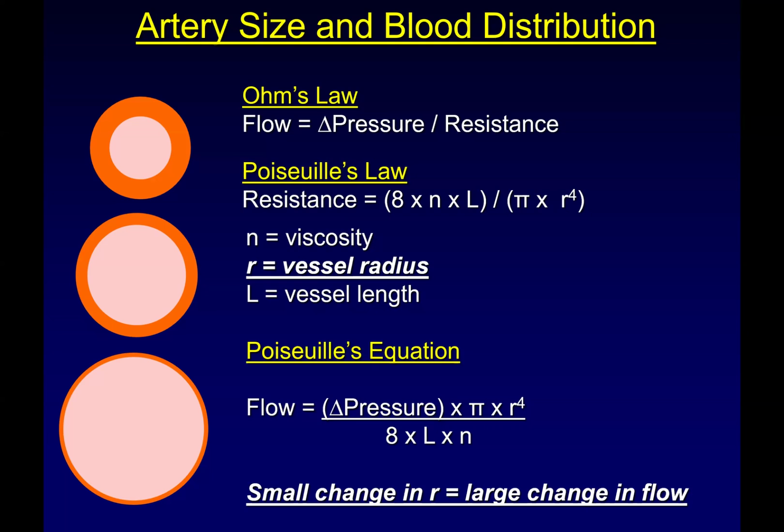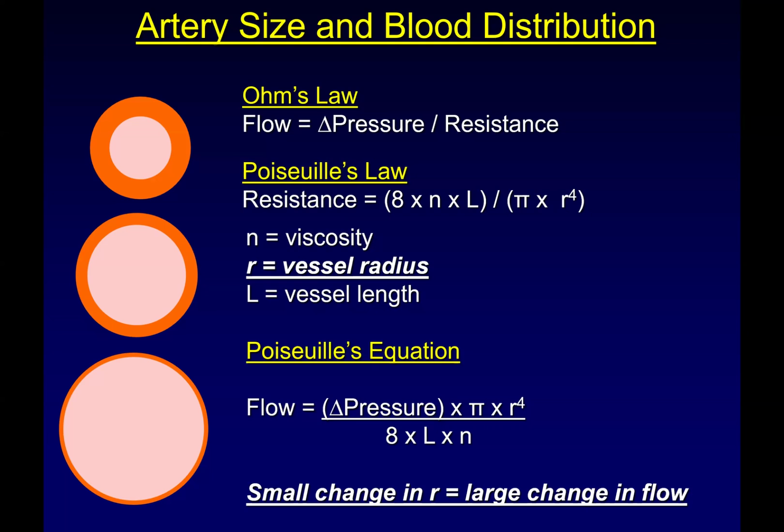If we then take what's called Poiseuille's law, it describes the things that go into resistance. Resistance is these constants, so it's a constant multiplied by the viscosity of your fluid, multiplied by the length of your vessel or tube, divided by pi multiplied by the radius of the vessel to the fourth power.